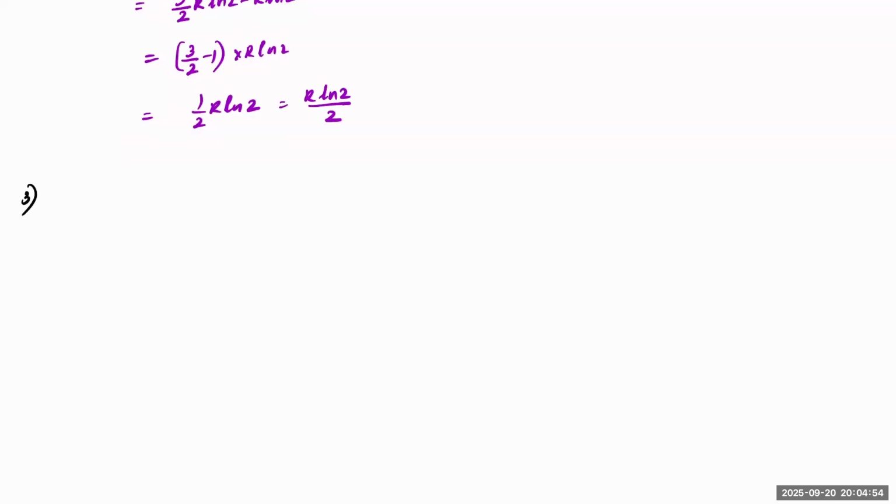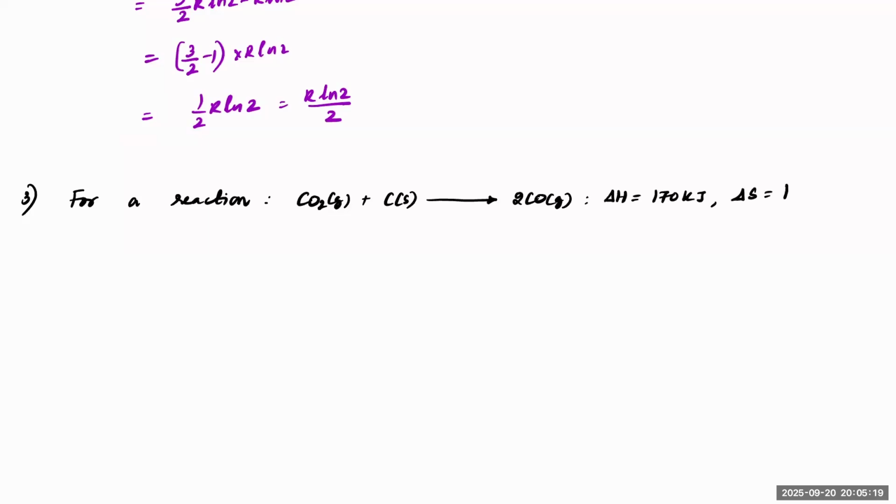Okay, for a reaction where CO2 gas plus graphite is being heated together to convert into carbon monoxide, delta H of the reaction is given as 170 kilojoules. Delta S of the reaction is given as 170 joules per Kelvin.